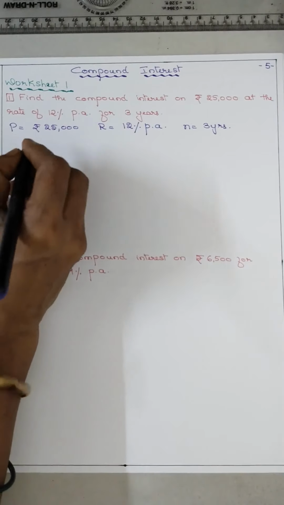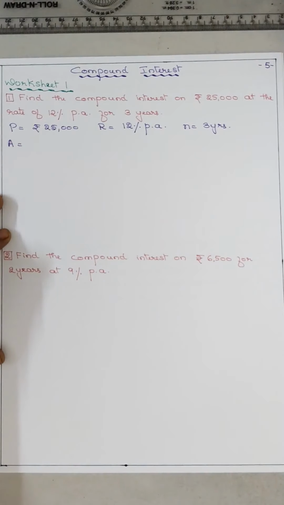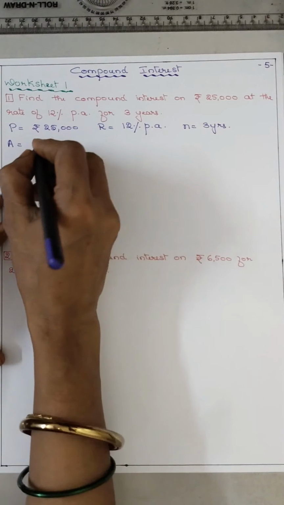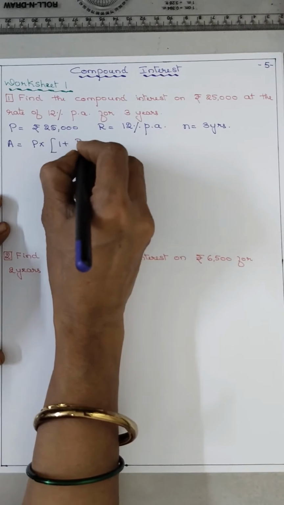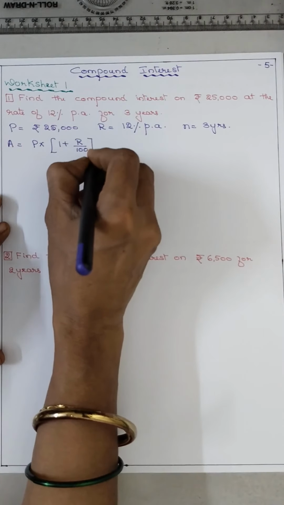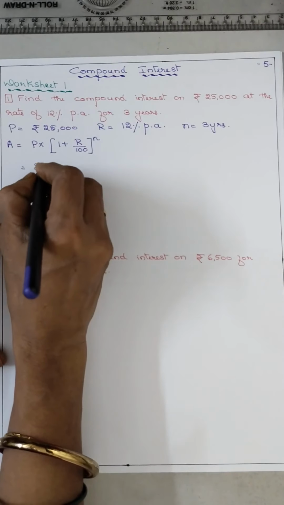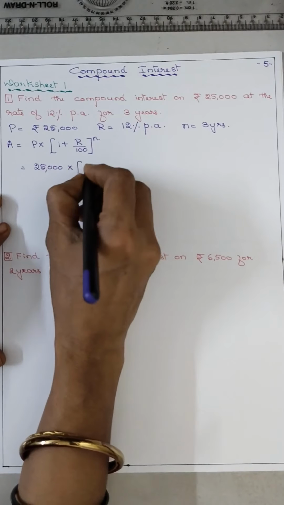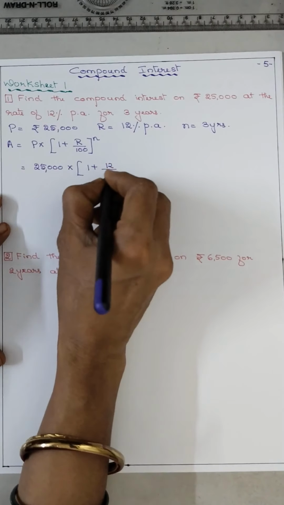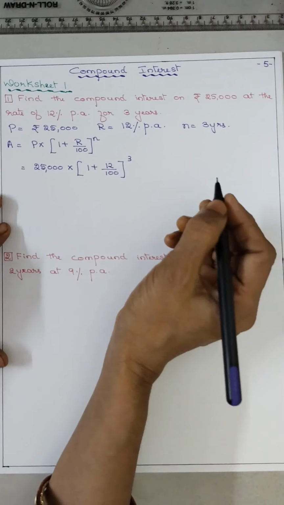Now the formula, we are using the amount formula, then find out CI, isn't it? So amount is equal to P into 1 plus R upon 100 the whole raised to N. So P is 25,000 into 1 plus 12 upon 100 the whole raised to 3.